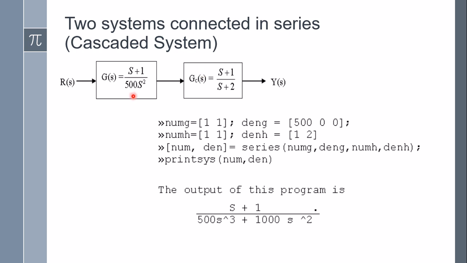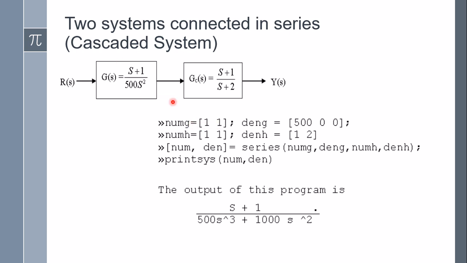Now, how do we implement this, or find the transfer function of the system using Matlab? As we discussed earlier, any system function can be represented in the form of a transfer function by considering two variables, numerator and denominator, in matrix form.